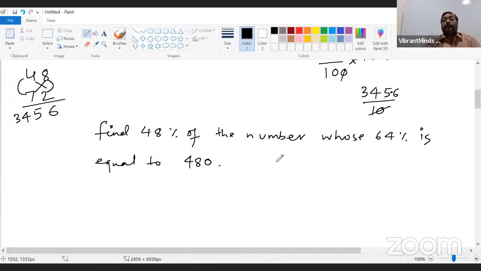That means there is a number whose 64% is 480. You have to find 48% of that number.